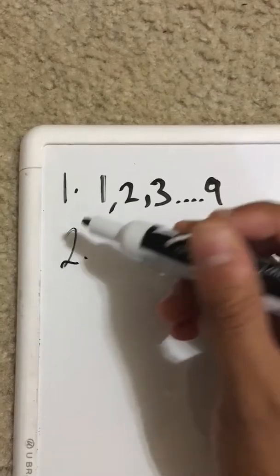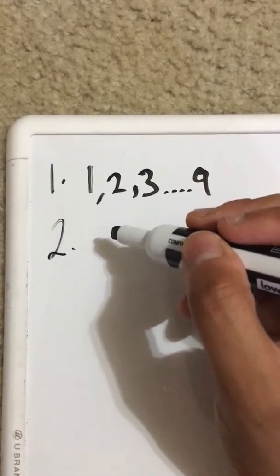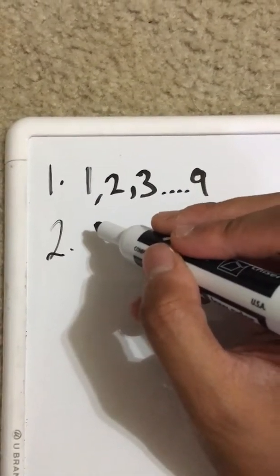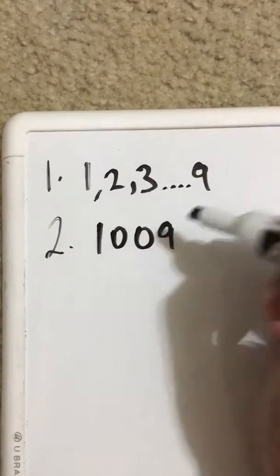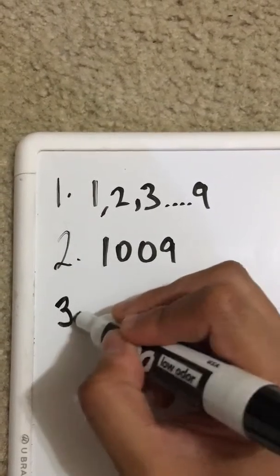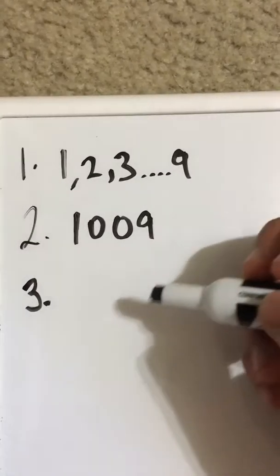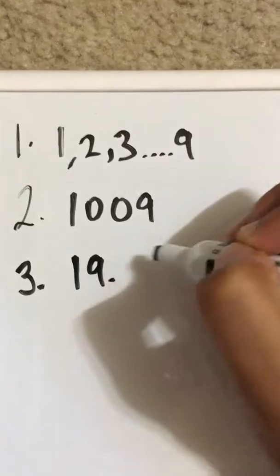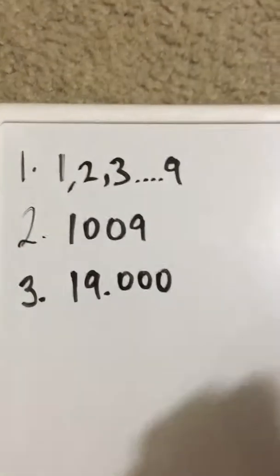The second rule is that any zero between two significant figures is significant. So this is 4 significant figures. And the last rule is that any zero on the right side of significant figures and the decimal point is significant. So this would be 5 significant figures.